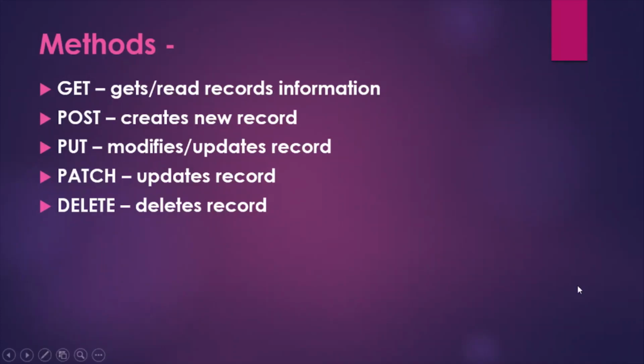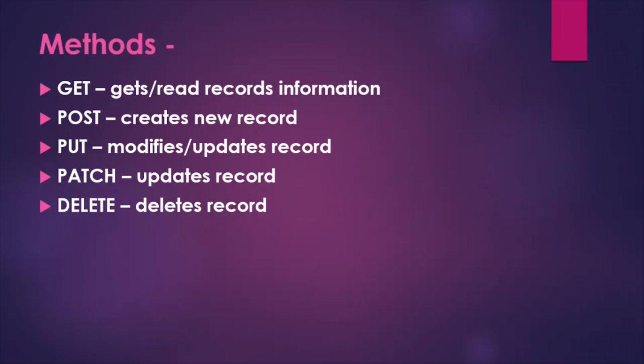The first HTTP method is GET, which is used to fetch or read information. Another one is POST. Whenever we need to create a new record in the target system, we can use the POST method to create an API. Another is PUT, and PATCH is used to modify and update a record.